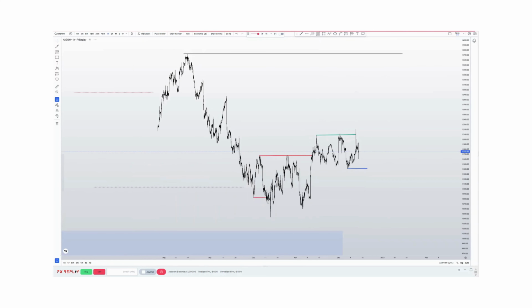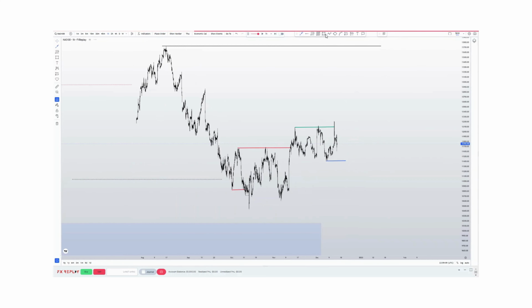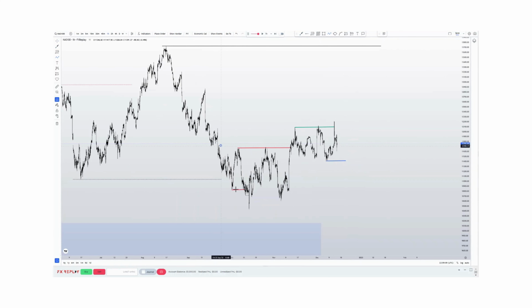So the M15 is now pulling back. And see, we had higher highs, higher lows, then lower lows, lower highs, lower lows, and now we have the formation of a higher high, higher low, and then a higher high. So the M15 is facilitating the H4 pullback.